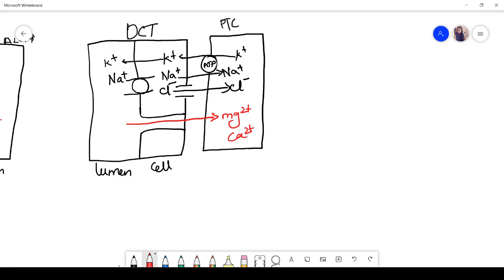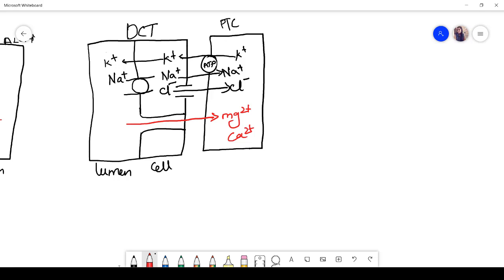So when sodium enters the peritubular capillaries, potassium will go into the distal convoluted tubule, into the cell, and from the cell into the lumen, with the help of the sodium potassium ATPase pump.